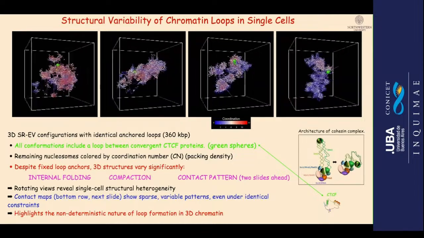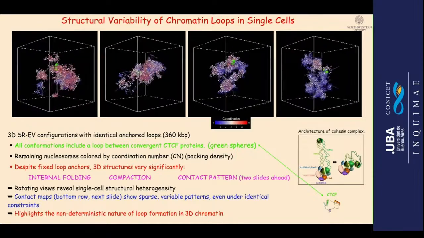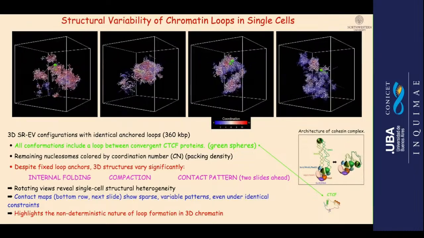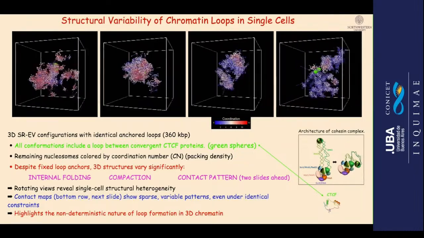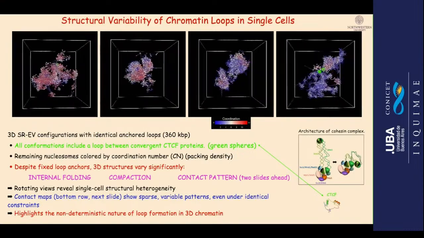Chromatin is colored by coordination number. Red indicates dense compaction regions. Blue is more open, and white highlights the surface of packing domains.